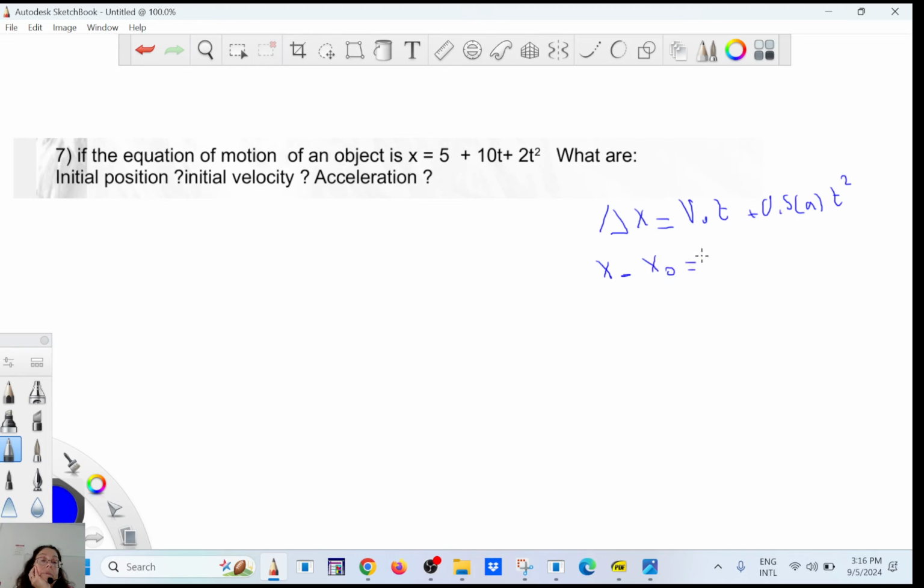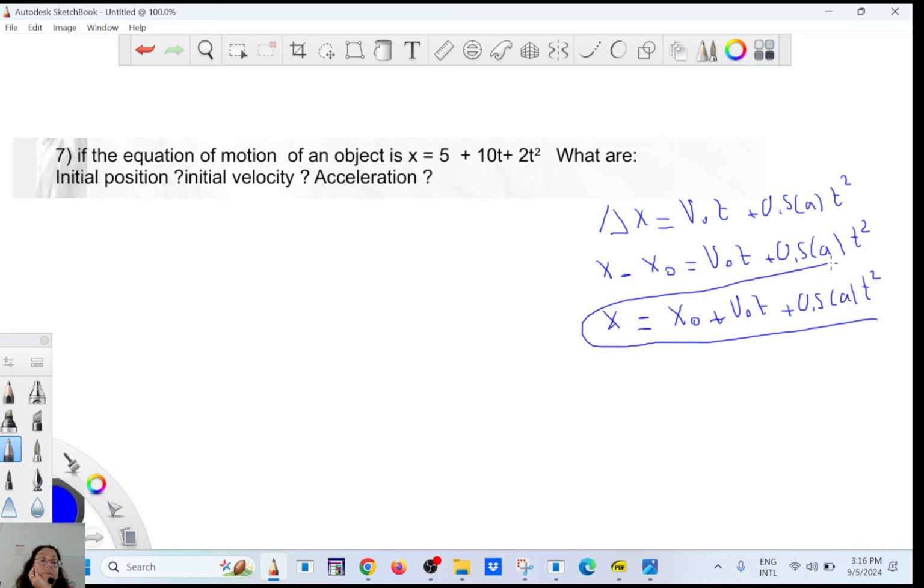Displacement. So this is the kinematic equation. X equals initial position plus V0t plus 0.5 at squared, right? That's what you want to use. So this is really algebra. So we have x, that's the kinematic equation.